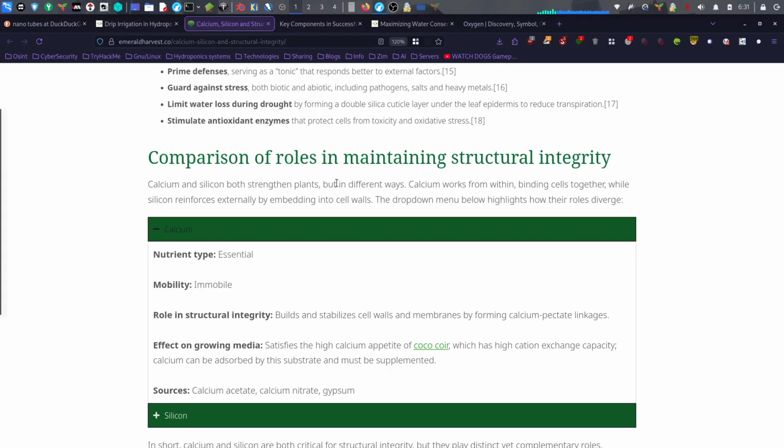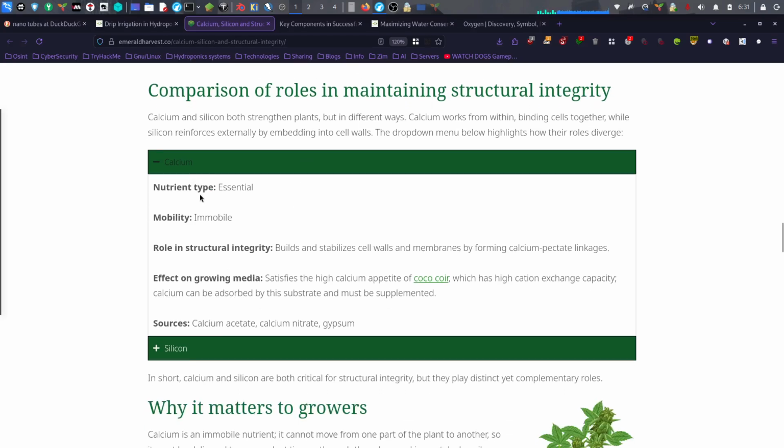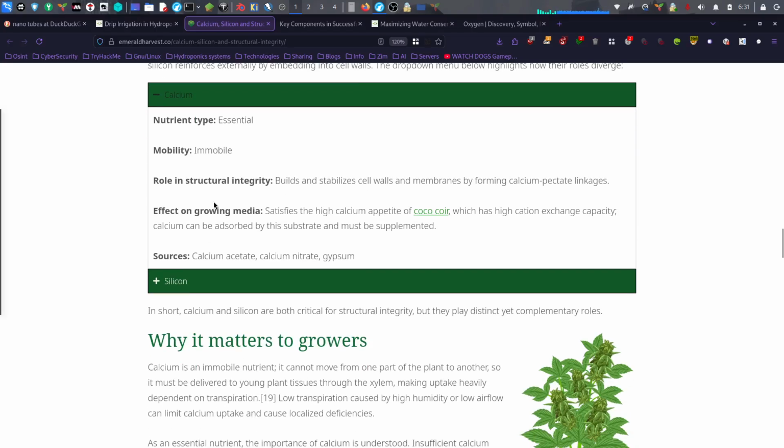The drop-down menu below highlights how their roles diverge. Calcium: nutrient type, essential; mobility, immobile; role in structural integrity, builds and stabilizes cell walls and membranes by forming calcium pectate linkages.